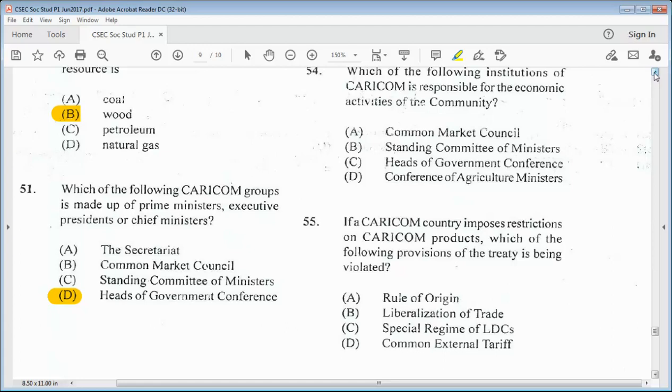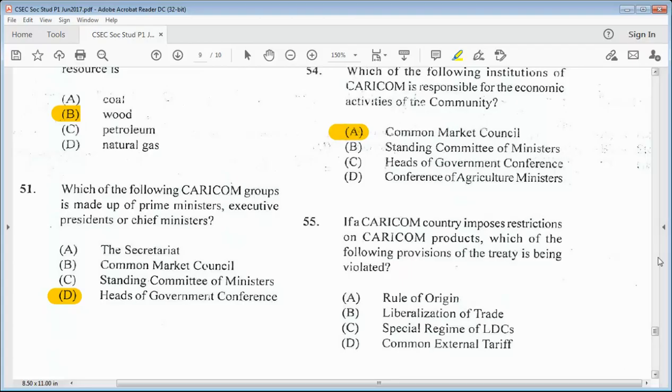So this would be A, Common Market Council, or B, Standing Committee of Ministers. I'm torn between A or B. Okay, I'm going to go with A. Let me know in the comment section below if you think it's A or B.